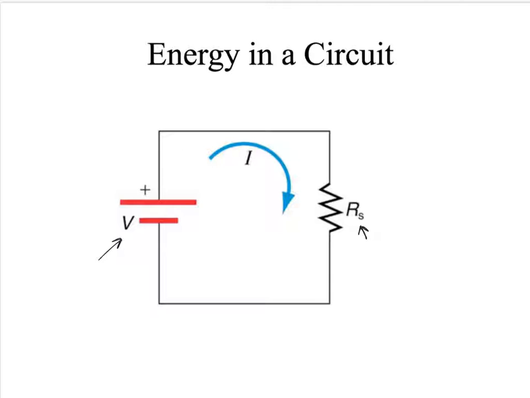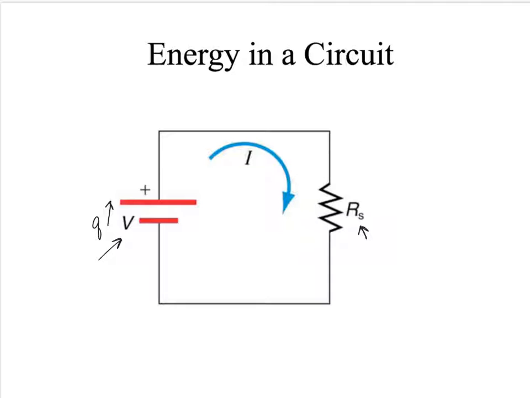But one of the things that we can think about as we go through the circuit is how the energy ebbs and flows as we go through. So we can imagine a charge going from the negative terminal to the positive terminal in the battery. And again, don't forget from your reading that when we talk about the flow of current, we think of the current as the way the positive charges would go as they go around the circuit.